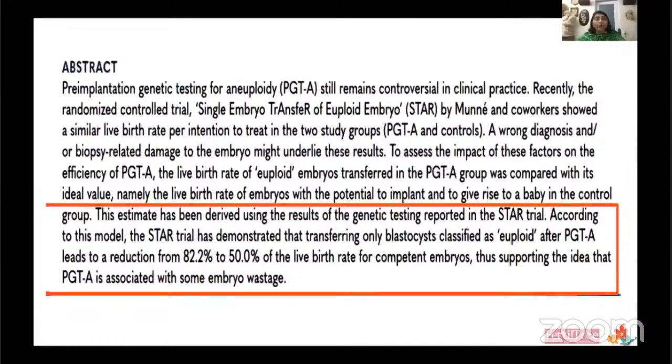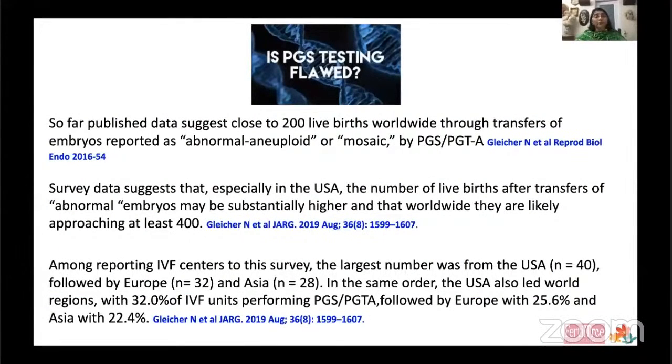So the conclusion was that transferring blastocysts which were classified as euploid brought down the live birth rate because the cumulative pregnancy rate came down. So there are many who have questioned the role of PGT, and they feel that this testing may be flawed, and there are reasons for this, which we will go on to. One of the major opponents of PGT is Shah, who has done a lot of studies to show that PGT may not be beneficial to everyone.